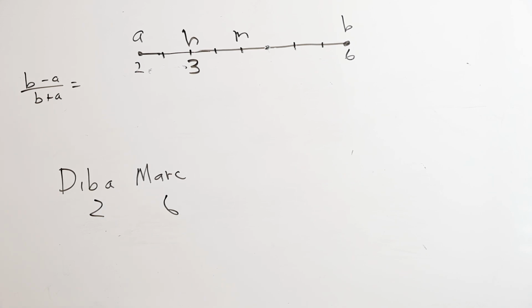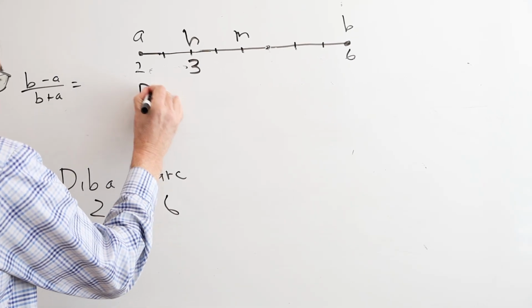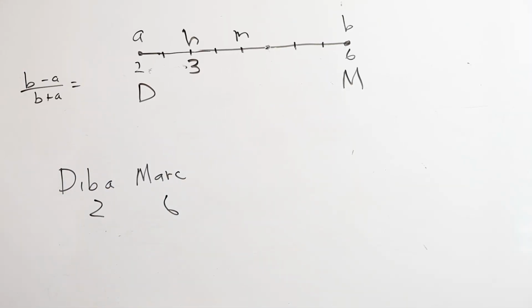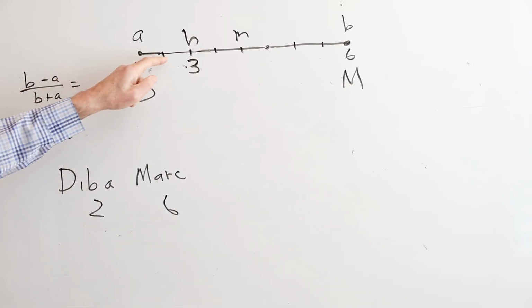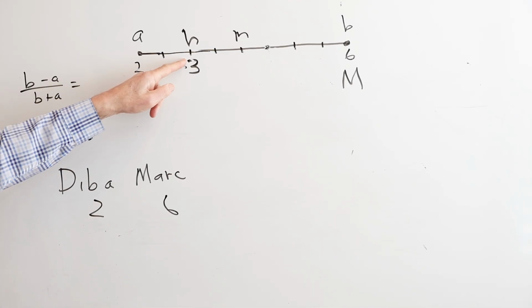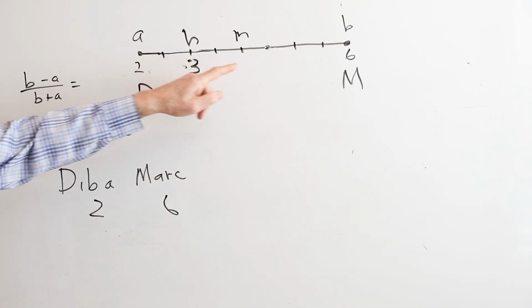Now instead of talking about votes, let's talk about a walk. So suppose Deba starts here and Mark starts here. You see, Deba and Mark are stuck on the number line, but they can move on the number line. Deba is going to take 2 steps towards Mark.